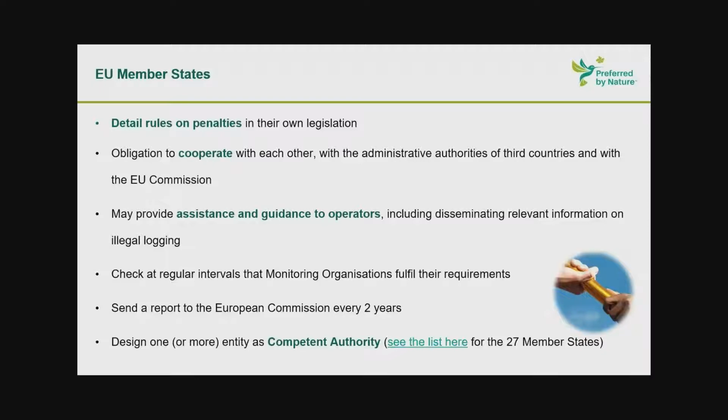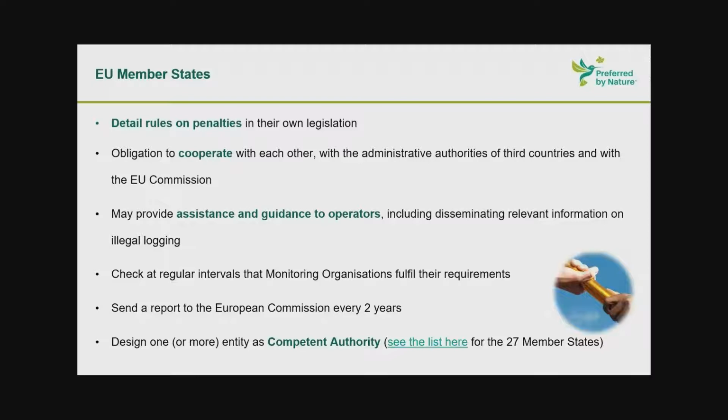They can also provide guidance to operators in terms of guidance documents, or even disseminating reports or relevant information about cases of illegal logging, or if something comes to light, they can also disseminate it throughout for the operators in the country. They also check monitoring organizations and make a report of that.